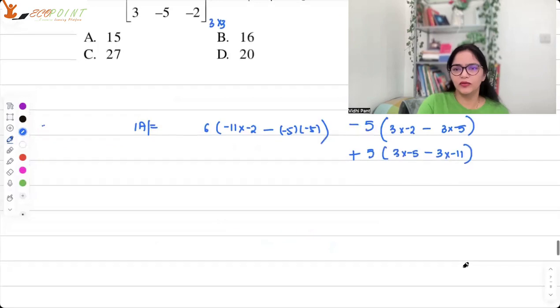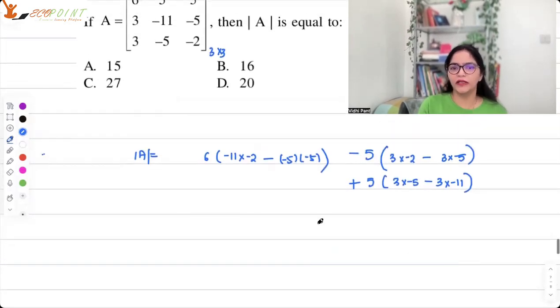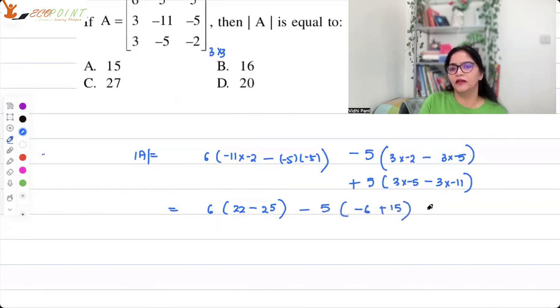All you have to do is be very careful with the plus minus in these kind of questions. That's the only requirement. So 6 into 22 minus 25, minus 5 multiplied by minus 6 plus 15, plus 5 multiplied by minus 15 plus 33.